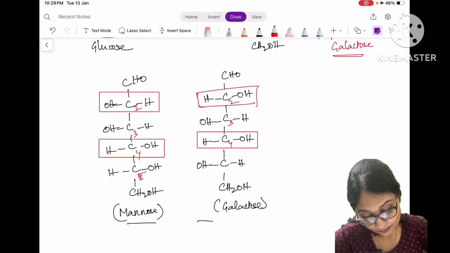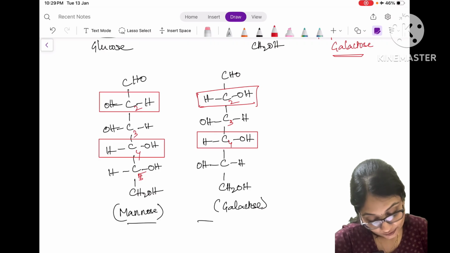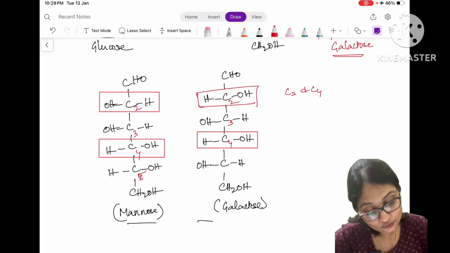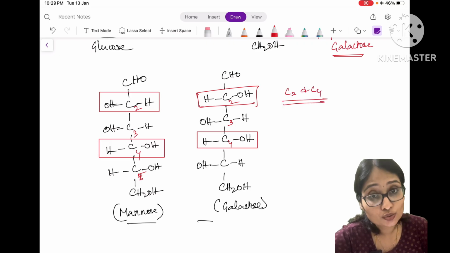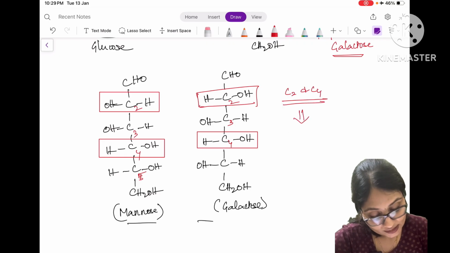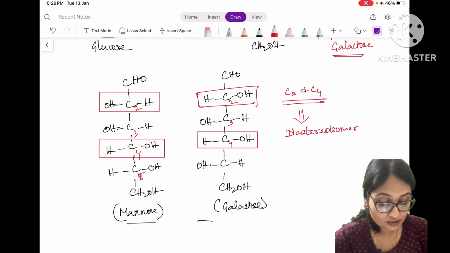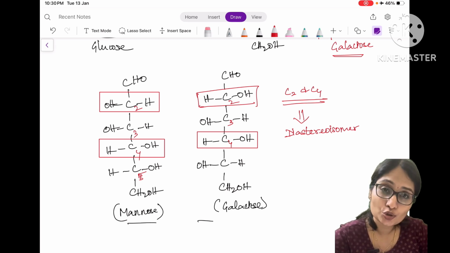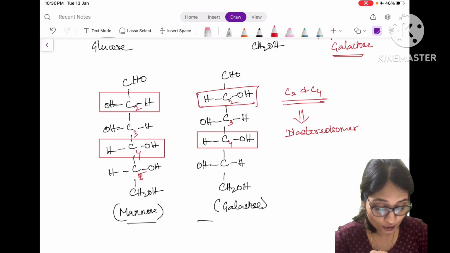So here we can see a difference in orientation of H and OH with regard to C2 and C4. Because there is a difference in two carbons, this is called diastereoisomerism. If the difference pertains to two carbons, it's called diastereoisomers.